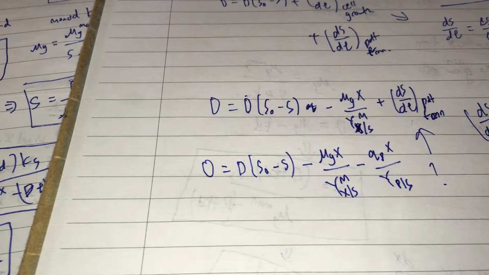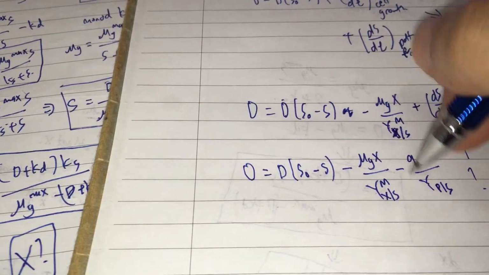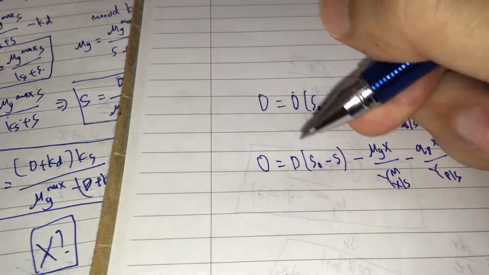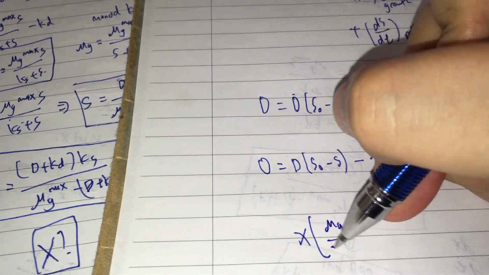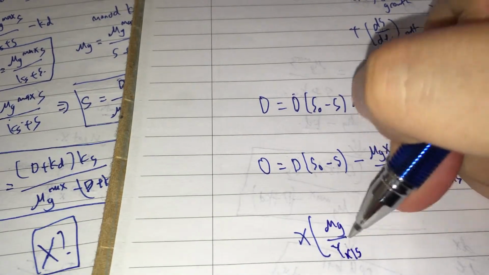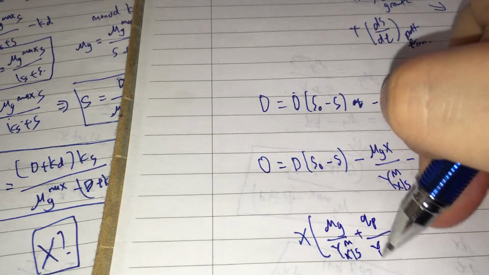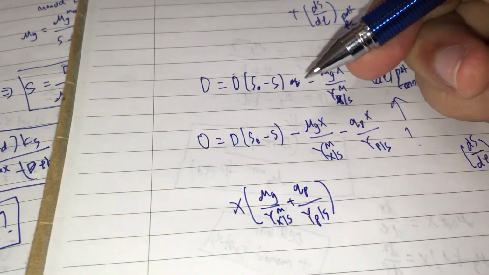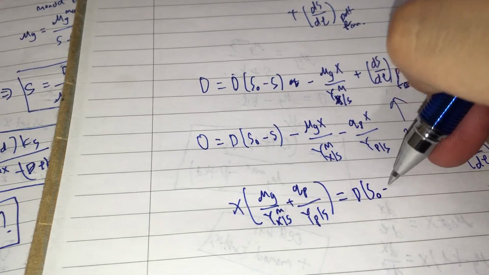If we make X the subject again, we shift this to the left. So we have x times (mu g over Y x by s maximum plus q p over Y p by s) equals D times (S naught minus S).